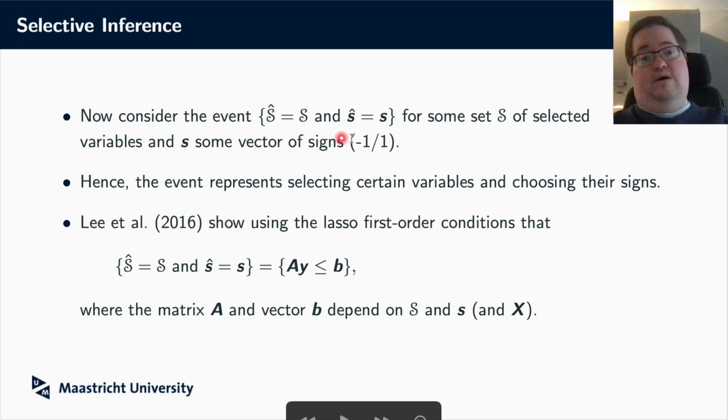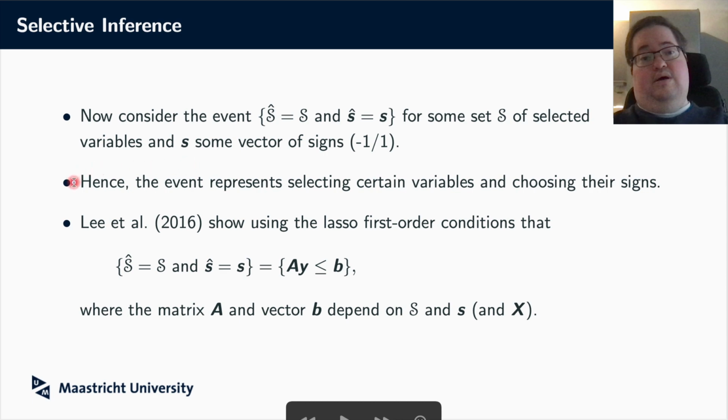So what they do, and that is where they make their breakthrough, is, well, now let's not just consider the event to condition on that S hat is equal to S, but let's also condition on the signs having their particular values. So s here is a vector of 1s and minus 1s, which then of course corresponds to the signs in S hat.